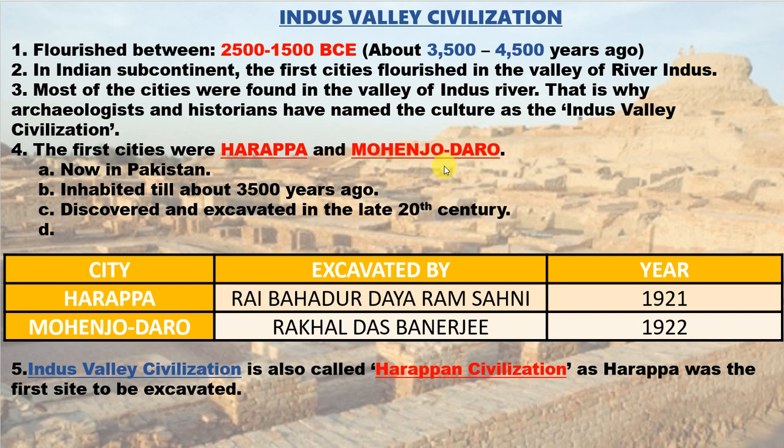Harappa and Mohenjo-daro, both are in Pakistan. They are not in India. Earlier Pakistan was part of our country, but later, due to partition, it is no more a country or a region which belongs to India.